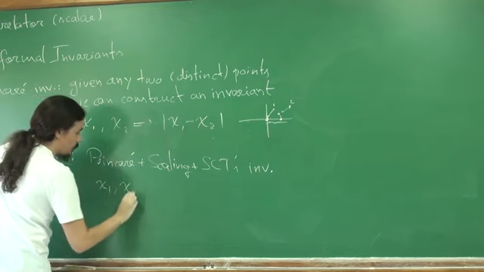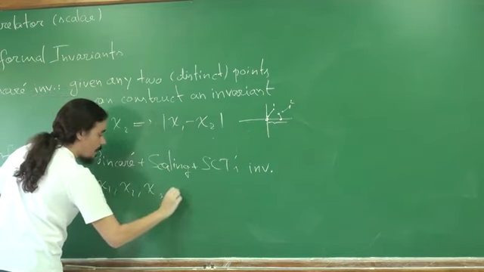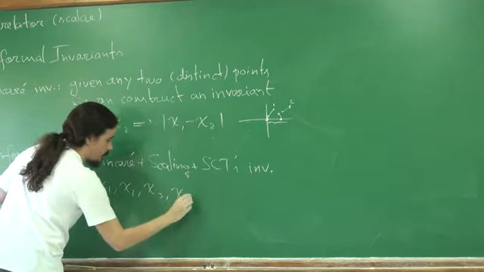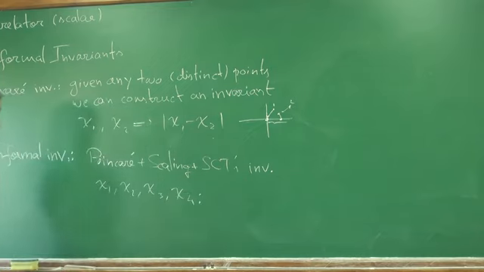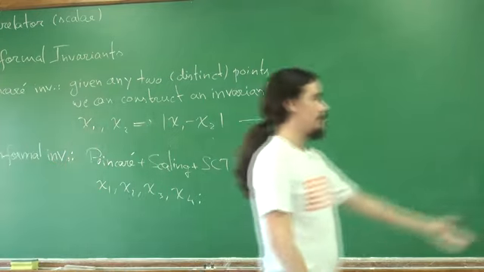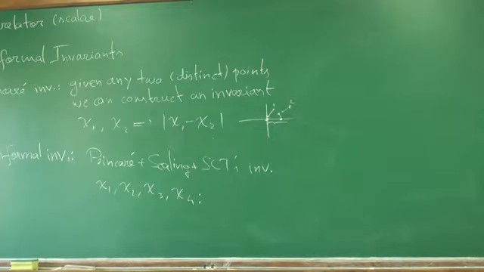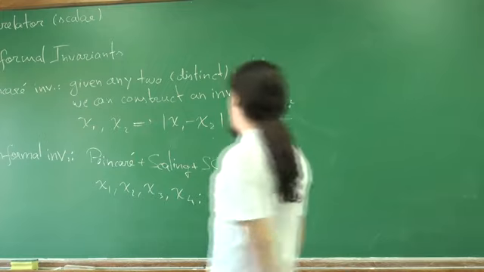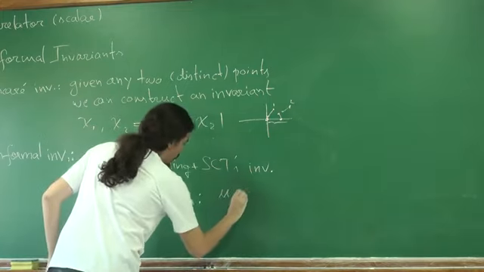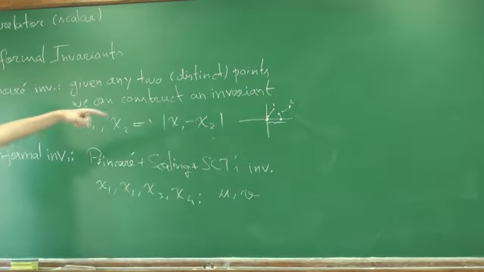X1, X2, let's write 4 points now. And again, I'll just tell you the result that this time you can construct conformal invariants. You can, in fact, construct 2 conformal invariants, just these ones that I wrote that are called U and V.